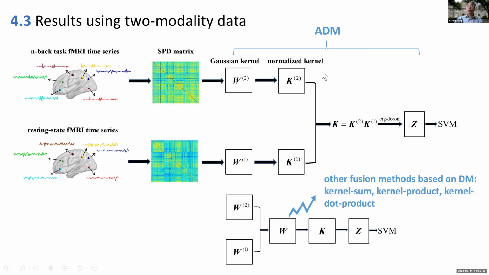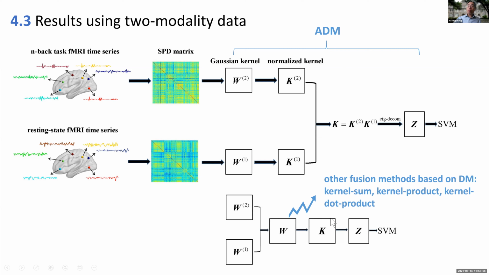And after that, we use our alternating diffusion map to extract the significant network information from the two modalities.